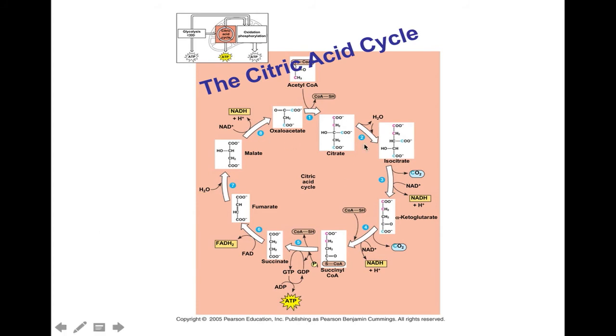And this picture you might see on the test, and the question says something like, what are all the inputs of step number 3? So I would say isocitrate and NAD plus. And if they ask you what are all the outputs of step number 3, I would say carbon dioxide, NADH, H plus, and alpha ketoglutarate.